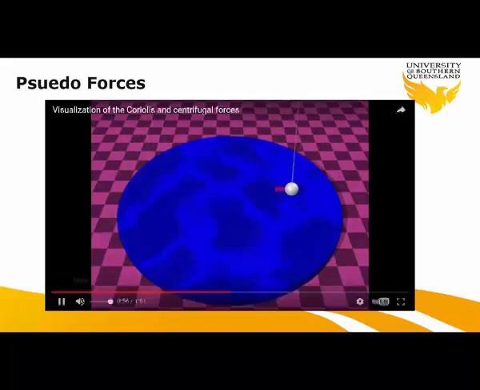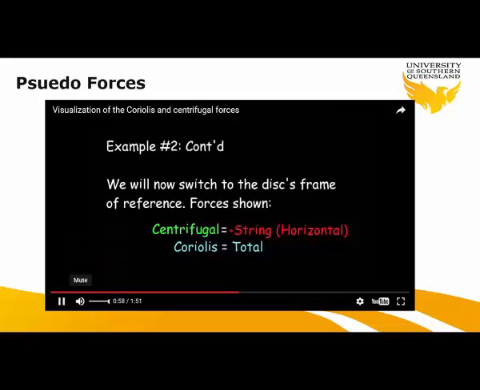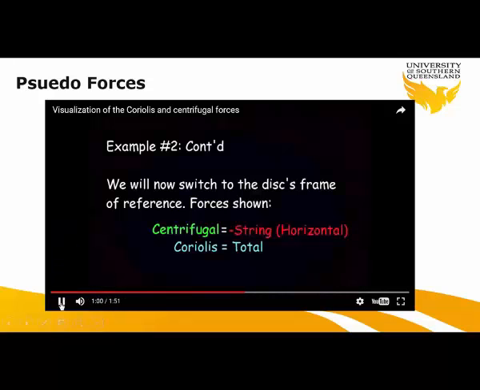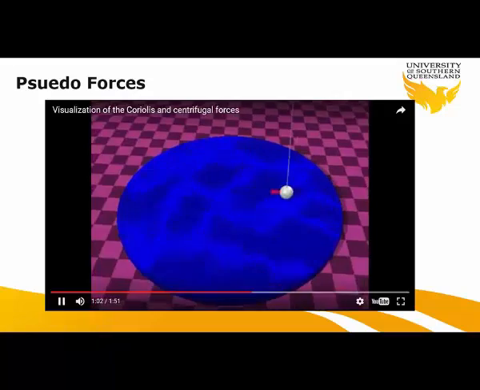Good. So if you want to see the centrifugal and Coriolis effect on this movement, basically the centrifugal effect is in the opposite direction of the swing of that pendulum. Then we have the Coriolis effect, which has been shown by the blue vector.